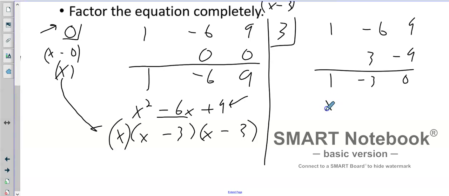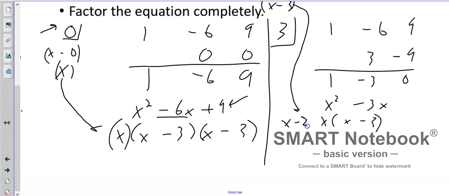Remember, I start with 3, so this is x squared minus 3x. Well, the only way I can factor this is to factor out an x, GCF. Well, remember we said this was x minus 3? Same answer. x minus 3 times x minus 3. So no matter which one you start with, you're going to get the same answer. But let the calculator help you start.